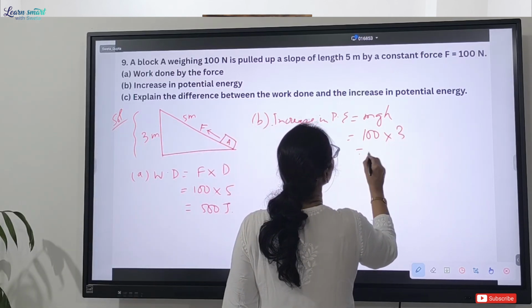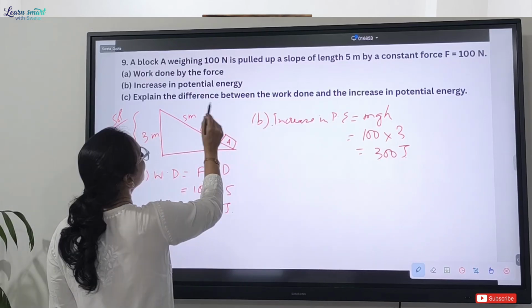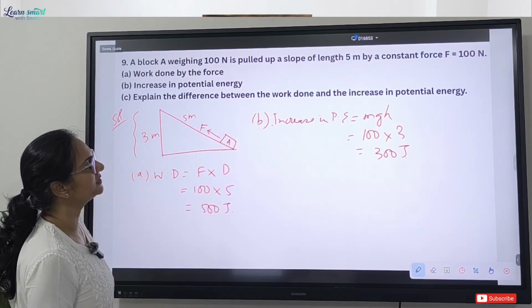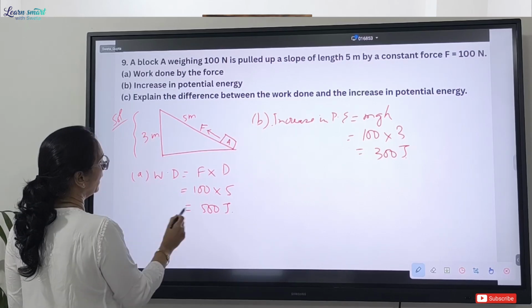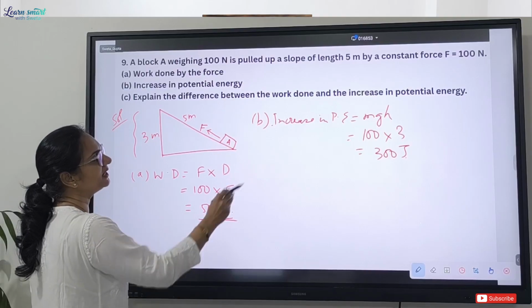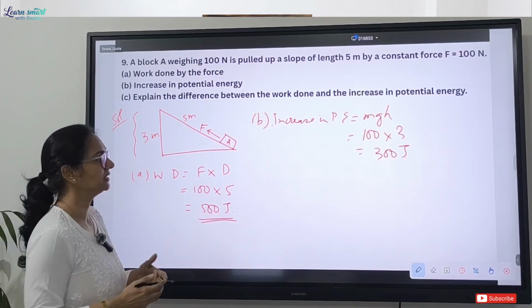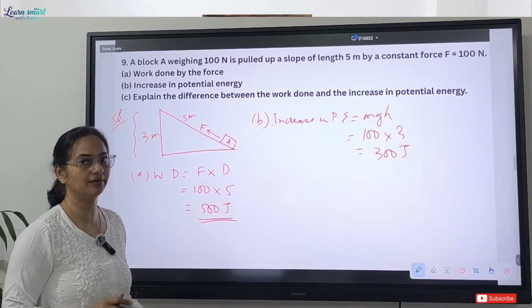So 100 into 3 which is 300 joules. And they are telling explain the difference between the work done and increase in potential energy. So work done is along the slope and displacement is 5 meter, that's why it is 500 joules. But gain in potential energy is the gain in height and the height gain is only 3 meter, that's why increase in potential energy is 300 joules.